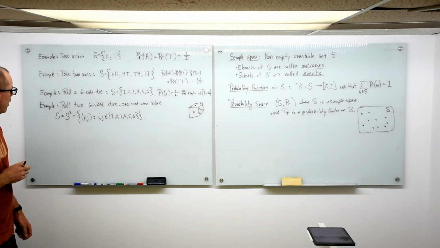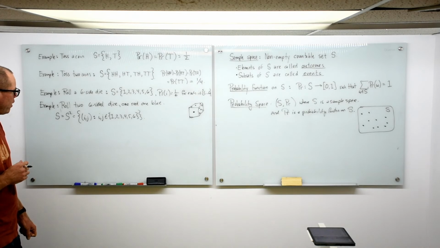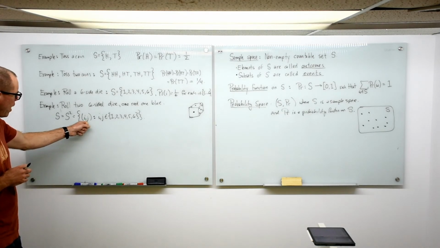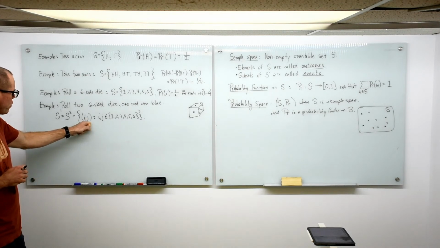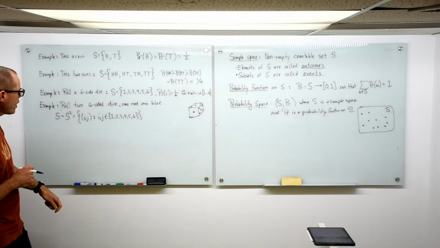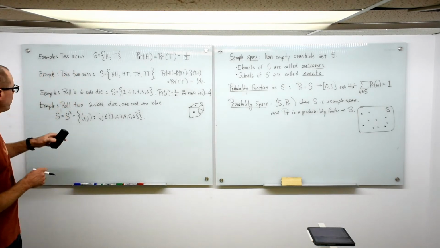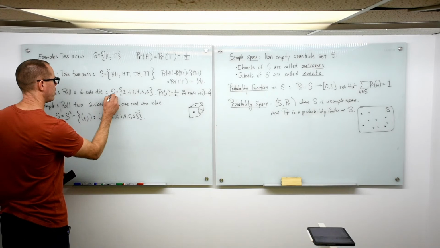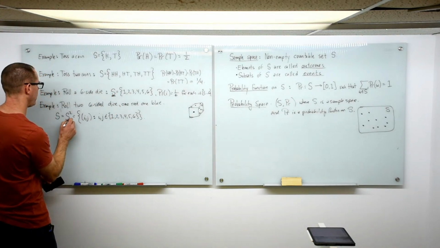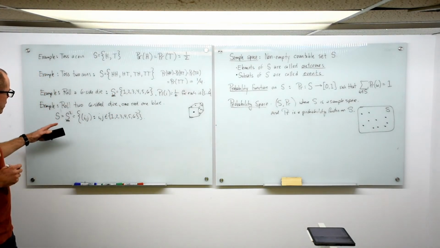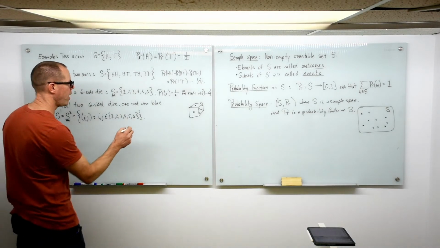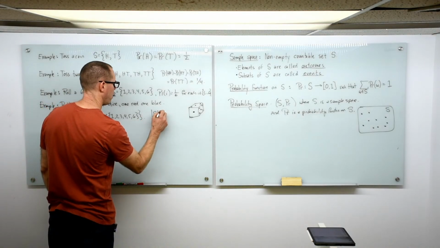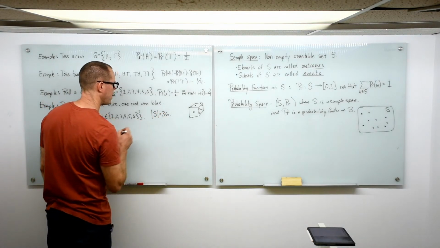And again, there's no reason to believe that any one of these outcomes is more likely. So how many outcomes are there here? Well, there's 6 choices for i, and there's 6 choices for j. So, yeah, let's call that one S with an underline, just to distinguish between those 2 things. So there's 6 choices for i, 6 choices for j. So that means that the size of S is 36, 6 times 6.